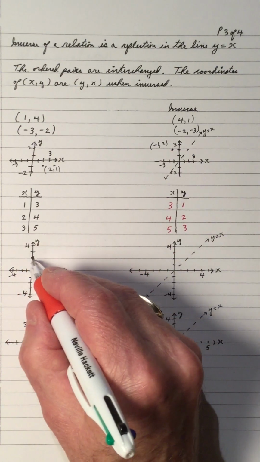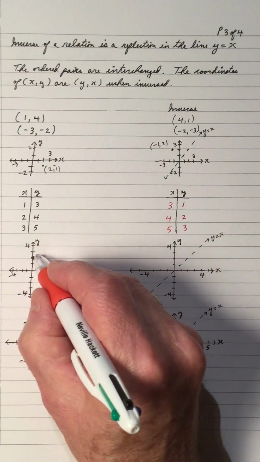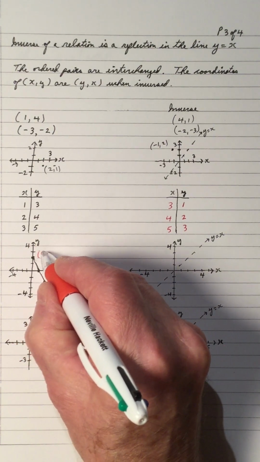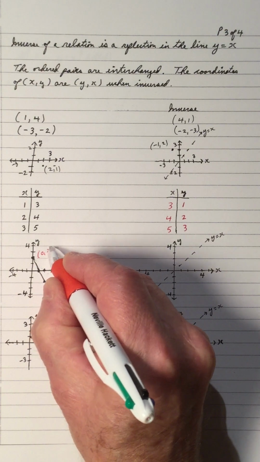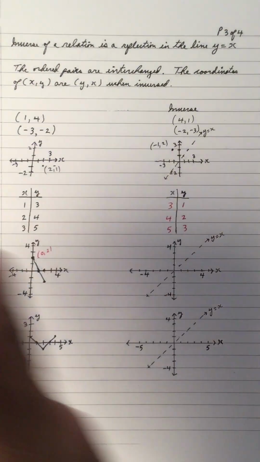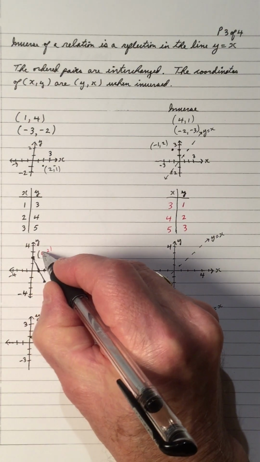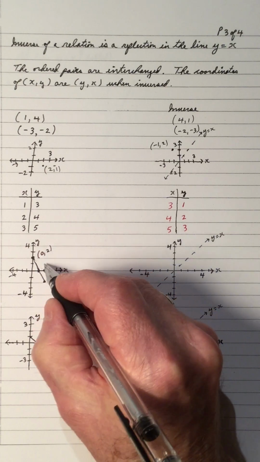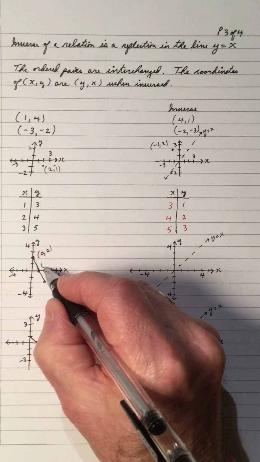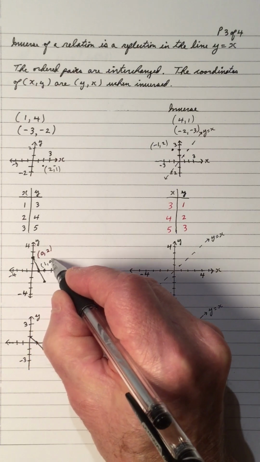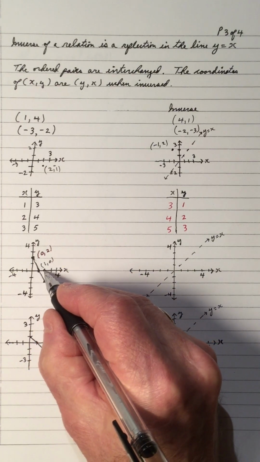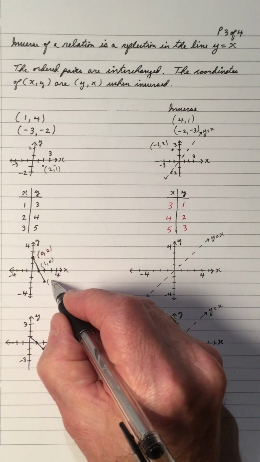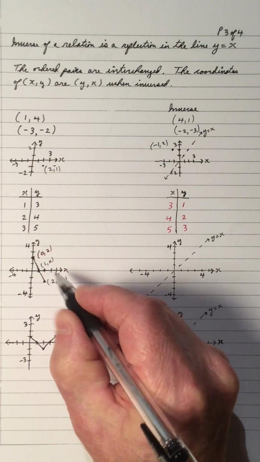Now we have a segment. This ordered pair right here, x is 0, y is 2. Oh, I better use the black for that. Sorry. Let's use the black and mark. And this ordered pair here, x is 1, y is 0. And this ordered pair, x is 2, y is negative 2.